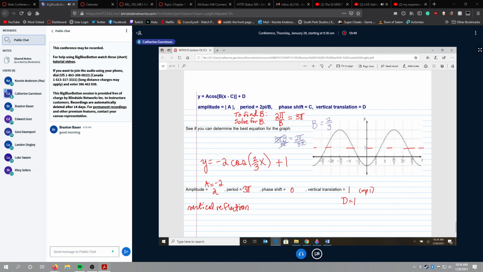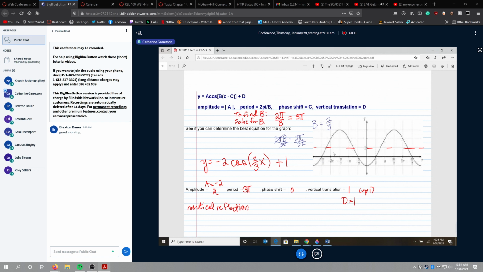Okay, so what if I had a -2 times the cosine? The angle is 2/3 x, and on the outside it has a +1. So this graph has a lot going on, doesn't it?